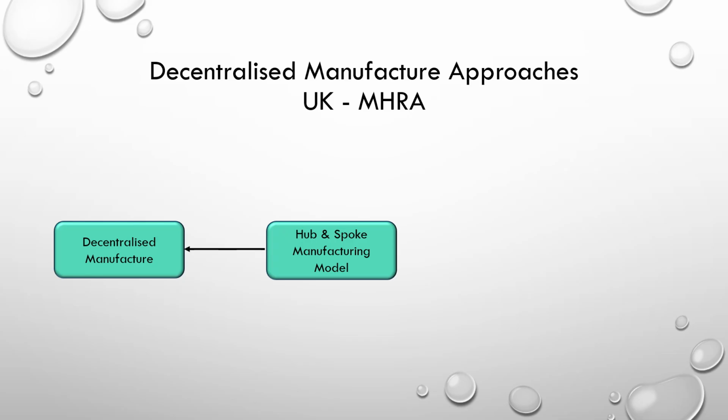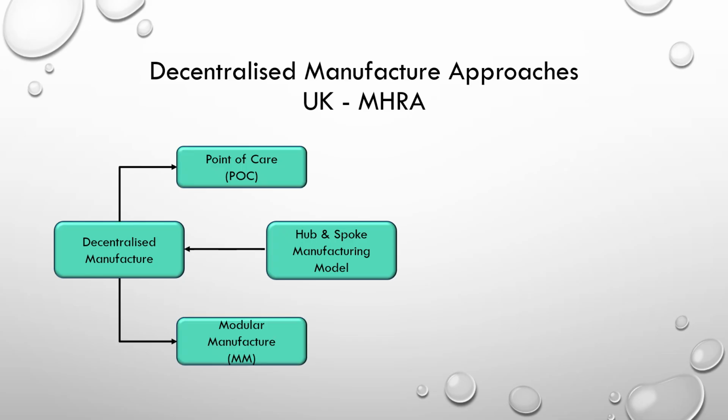Right, so the decentralized manufacture process allows the medicinal product to be made close to the location of the patient for administration purposes. And you have this hub and spoke manufacturing model, and it encompasses 2 categories: point of care and modular manufacture, and both are defined partly by their necessity for geographical proximity to the user.